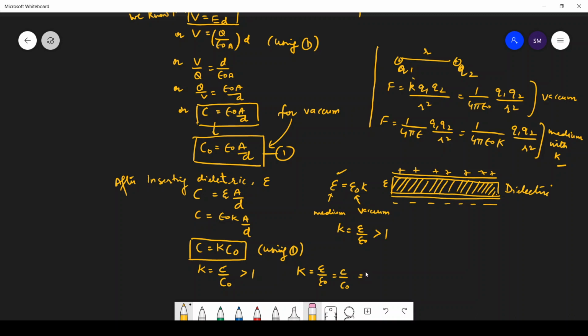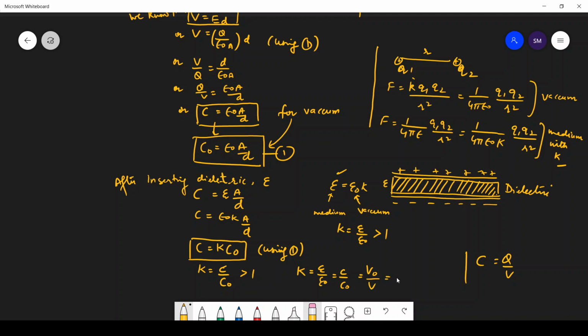But now, as you know the formula, C is equal to Q by V. So C is inversely proportional to V. If you write this K in terms of V, because C is equal to Q by V, this V naught will come upside and V will come downside. So K is equal to V naught upon V.